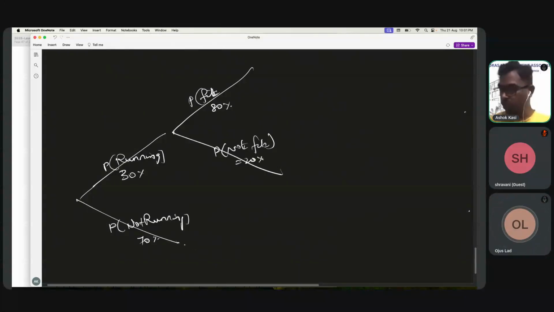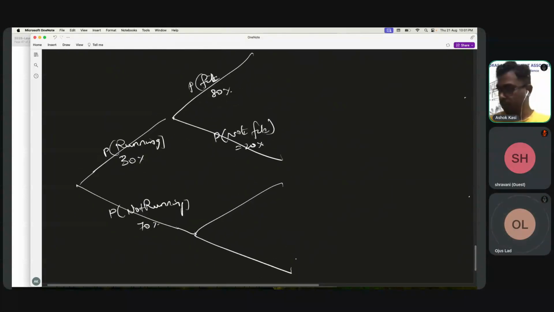The person is not running, let's say the probability of him being fit is maybe 40 percentage, still fit. And the probability of not fit is 60 percentage. Is it okay, this table? Okay.